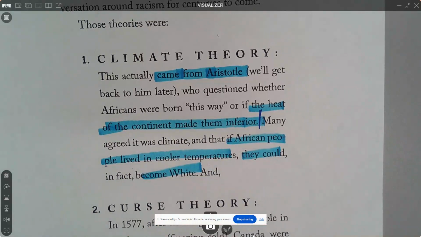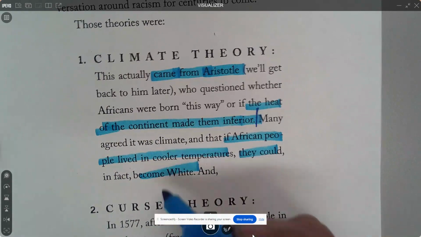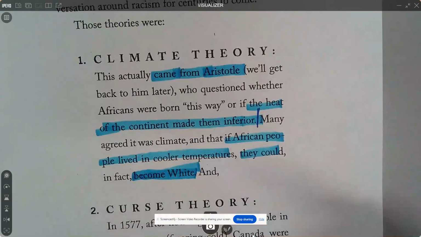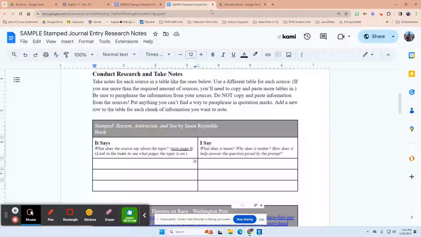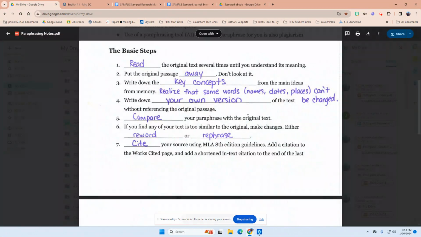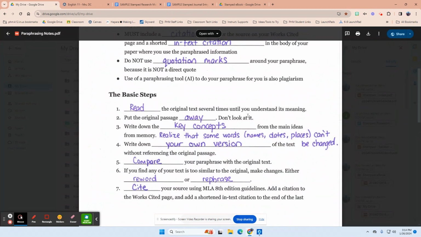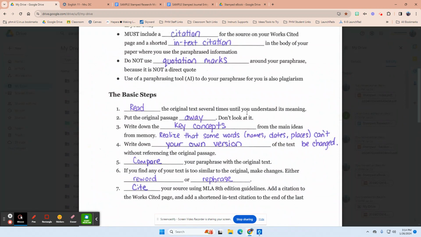So I have all of these big ideas. And now that I have isolated the big ideas, if I'm thinking about what you've been told about how to paraphrase, let's peek at those notes really quickly. I have read the passage several times, so now I'm to the point where I think I want to put it away.